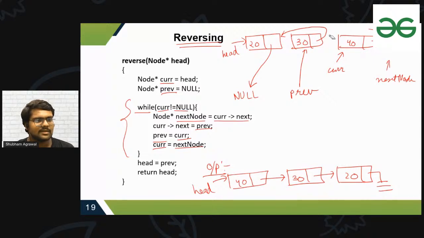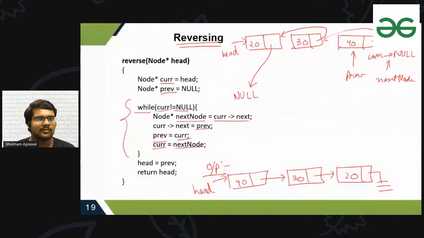Then previous equals current, so previous will point to current, and current will equal the next node, which was null. So current will point to null. Now current is equal to null, so we break out of this while loop and do head equal to previous. So head will point to this previous.